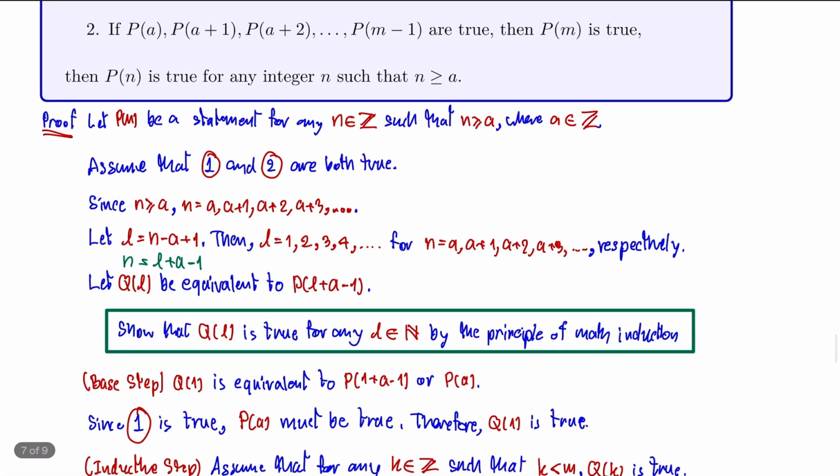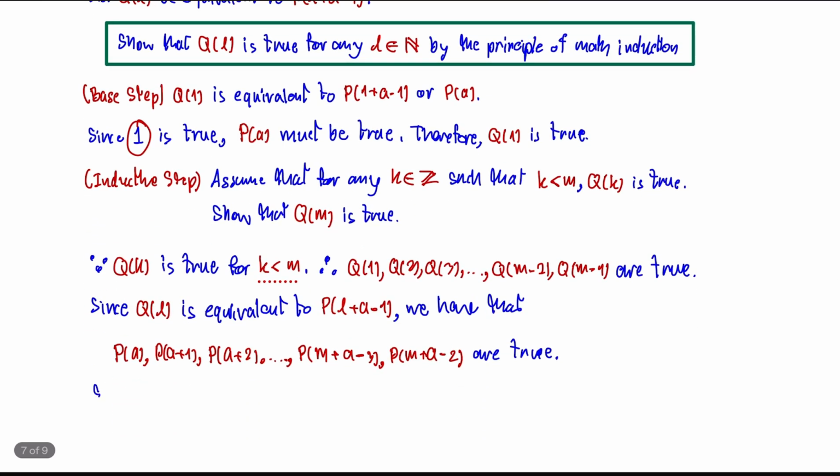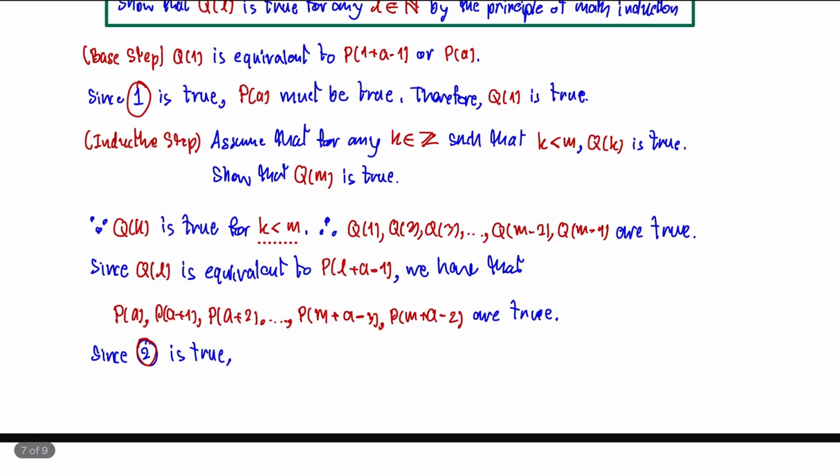Now, since we assume that the second statement is true, the next statement from P is going to be true. So since statement number 2 is true, what can we say?